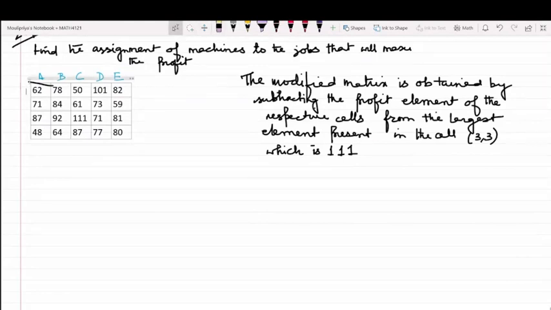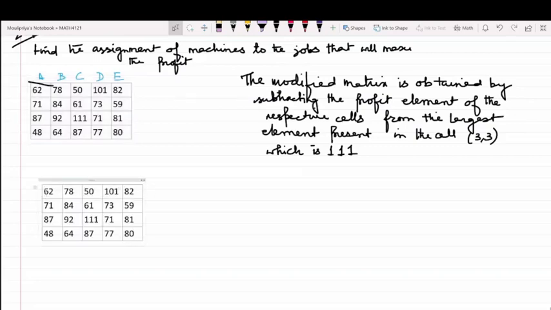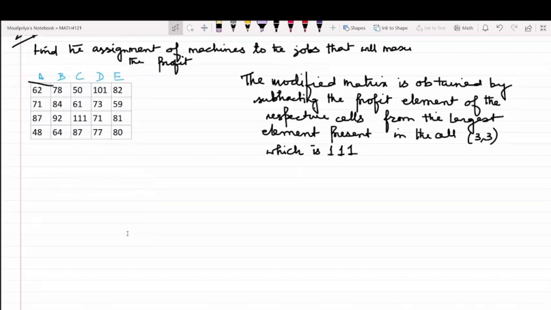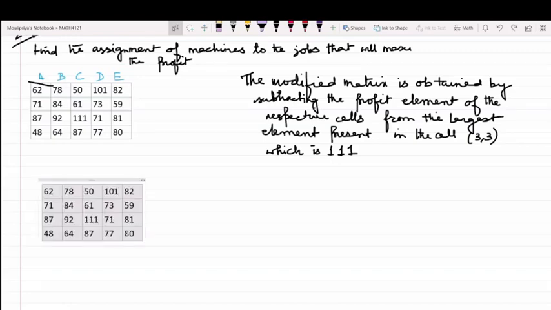Like if I copy this, then can you just tell me what is going to be the first row?